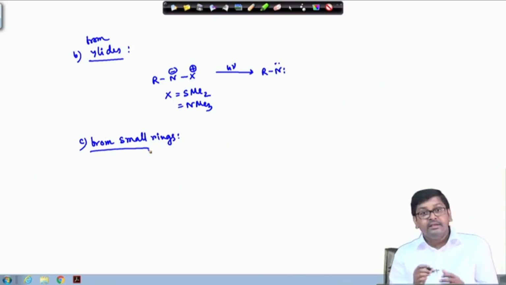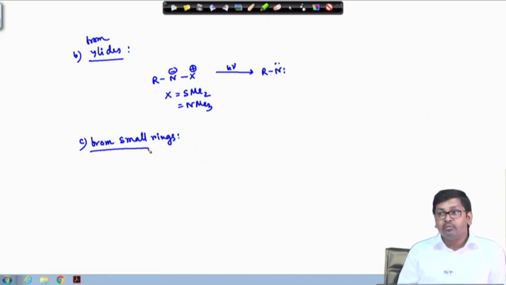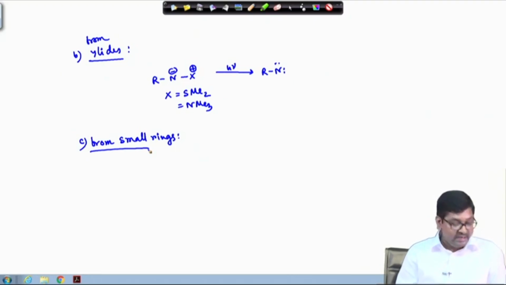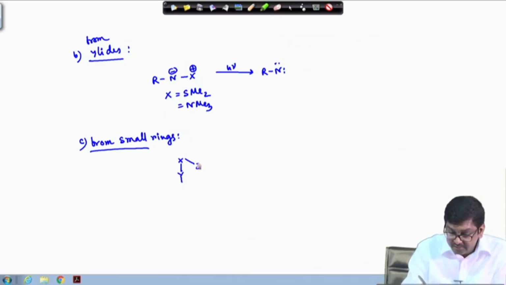In case of carbenes, we have seen that if there are small rings like epoxides, those can be converted into the carbenes under thermal or photochemical irradiations. Similarly, here if we have this type of ring, as per example X, Y, we can write like this.